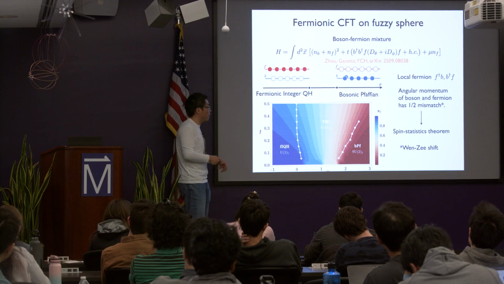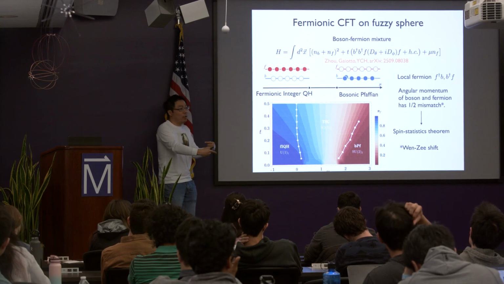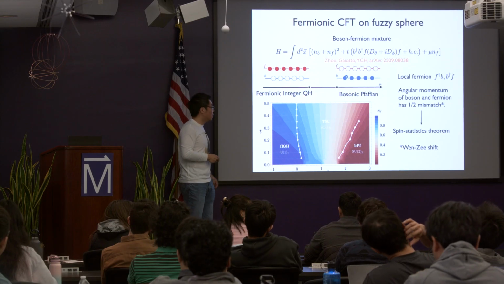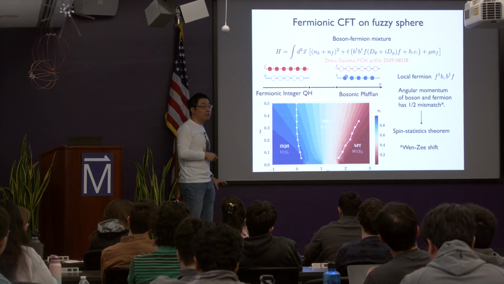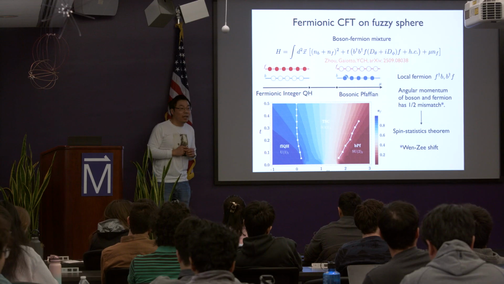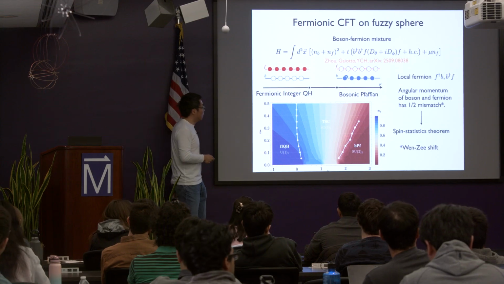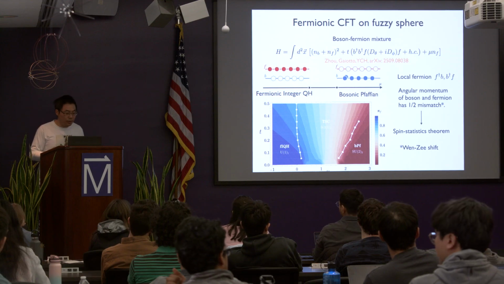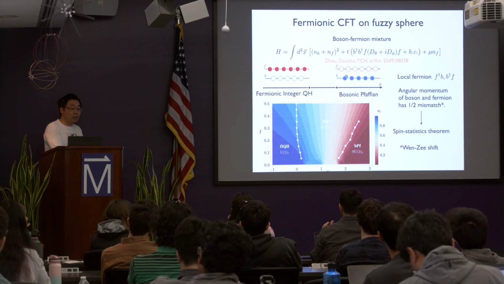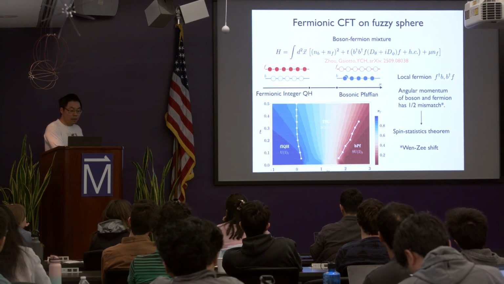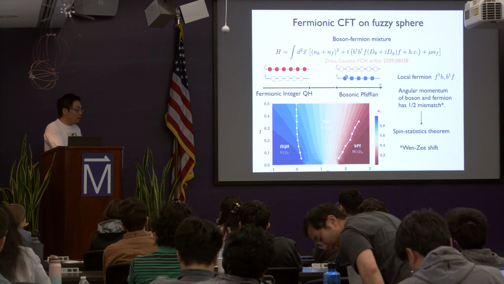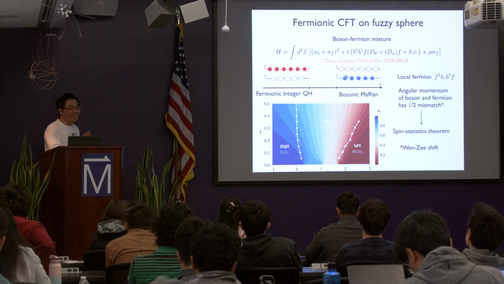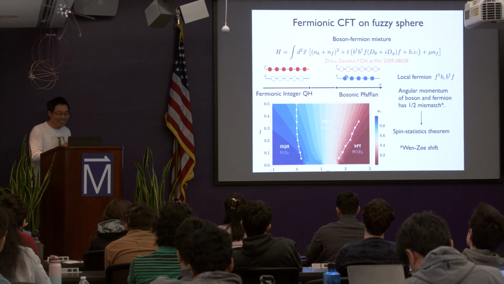You can think of this bosonic Pfaffian as a pairing of composite fermions. So in the second transition, there's no thermal Hall change, but the topological order changes. As we discussed, it's not a good name, since there's no spontaneous symmetry breaking.